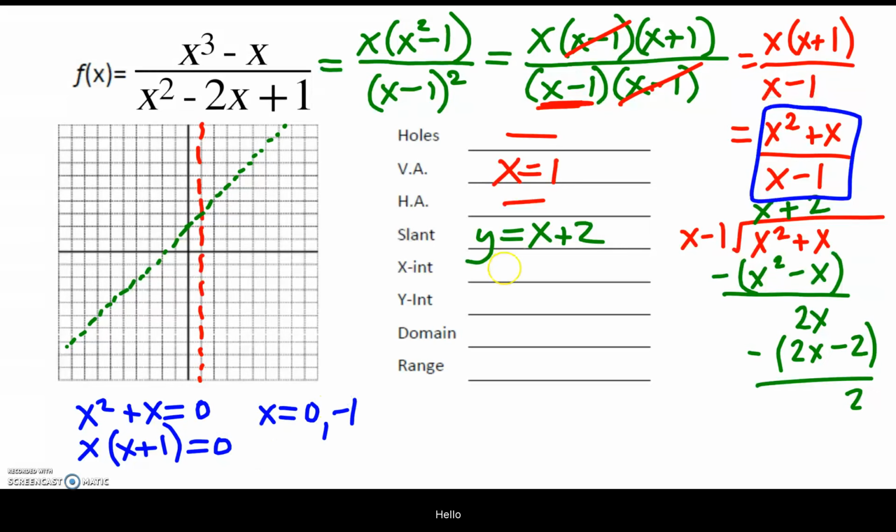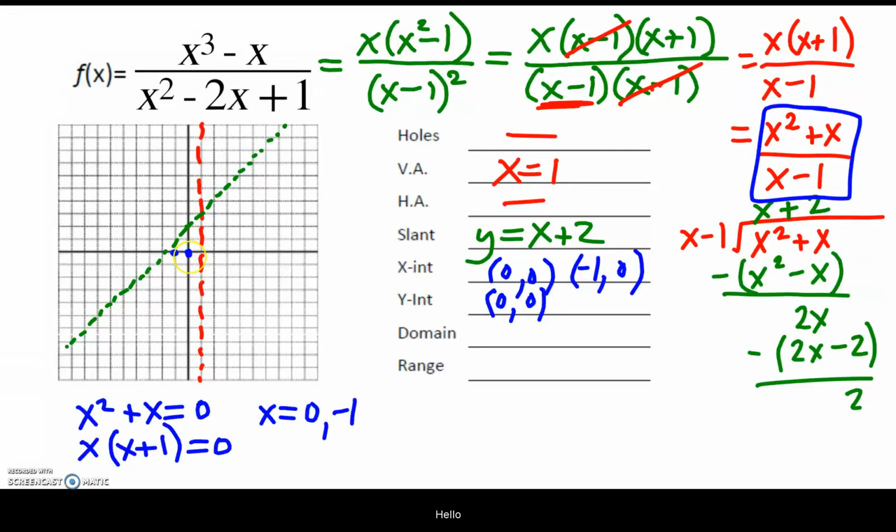So those are both x-intercepts, (0, 0) and (negative 1, 0). The y-intercept is found by setting x equal to 0. If you put in 0 squared plus 0 over 0 minus 1, that's just 0. So (0, 0) is also the y-intercept. I already have that on my graph.